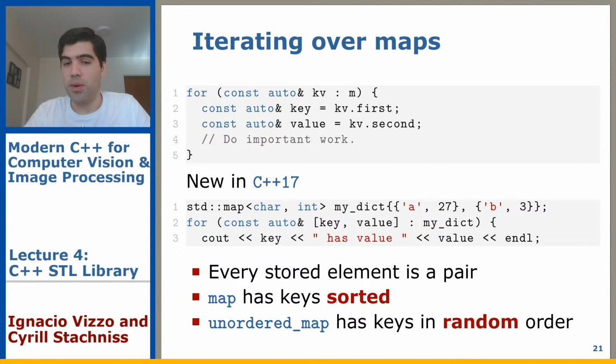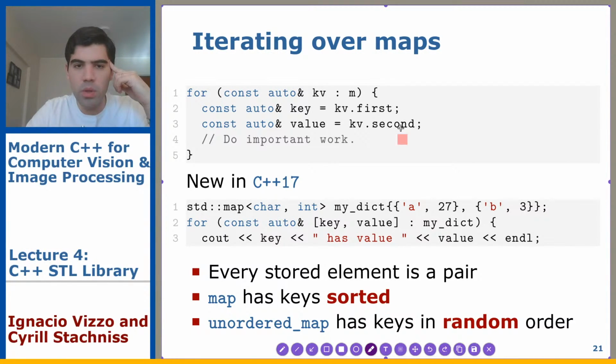The way of iterating over these maps, this is something we saw in a previous lecture, as a spoiler. Usually you will iterate over the container, so this is a map, for example, and then you will use a key value variable, and in order to access the key, you need to access the first element of this value, and in order to access the value, you will need to access the second element of this value, because that's the pair.